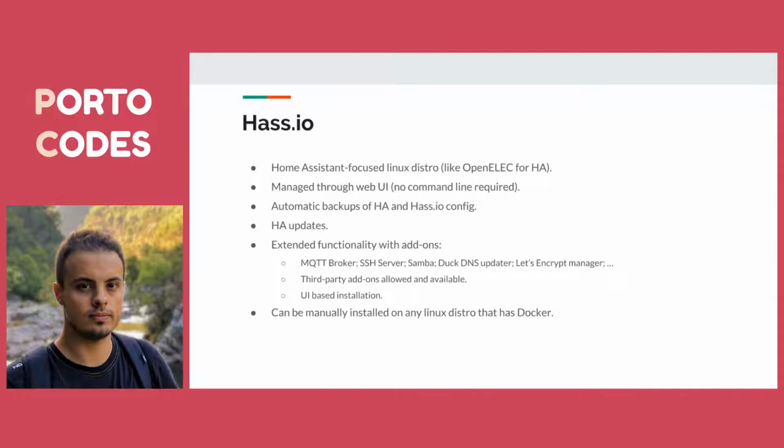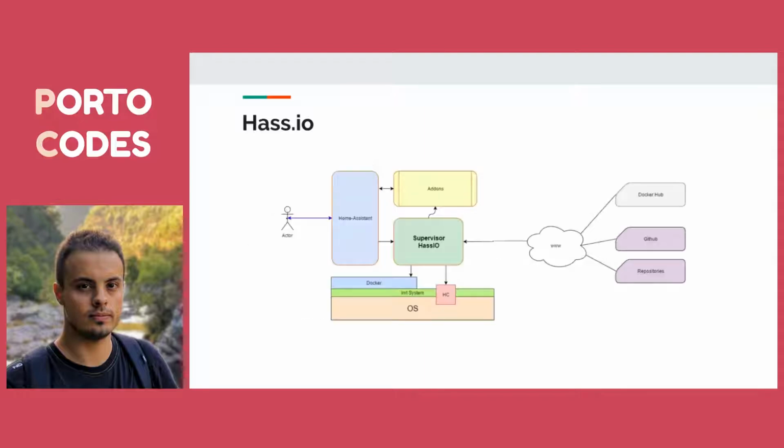It deals with the backups and updates of Home Assistant, because if you install it on your computer, you will have to manage that, but Hass.io manages it for you, and you can install things like an SSH server or a Samba through the UI. The intent is to be a little bit more user-friendly for non-Linux users. You can also install that on any Linux machine that has Docker. So you can test it without having a Raspberry.